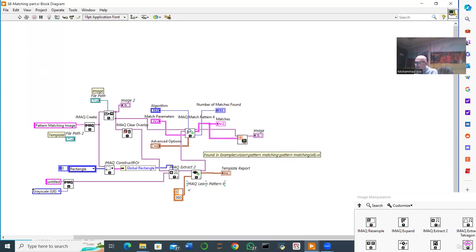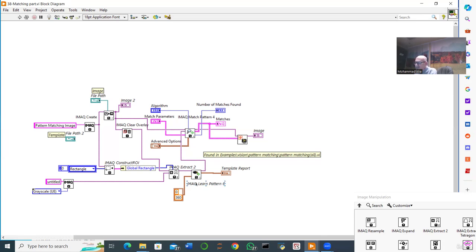The first one is the learn pattern function. And the other one, IMAQ Match Pattern. It is given number 4. The output and the result of learning the pattern is fed to the IMAQ Match Pattern, which gives the number of matches if there is matching and the score of matching also.